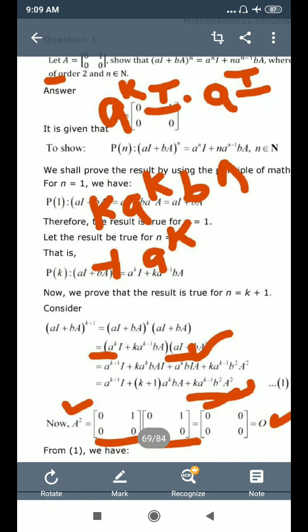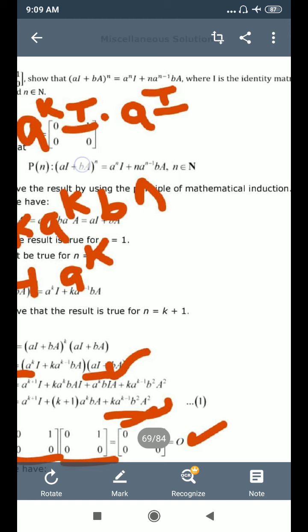What will be Pk plus 1 from this? Pk plus 1 should be (AI plus BA) raised to power k plus 1 must be equal to A raised to power k plus 1 I plus k plus 1 into A raised to power k into BA. Means to get Pk plus 1 in this whole expression, you replace each n by k plus 1.